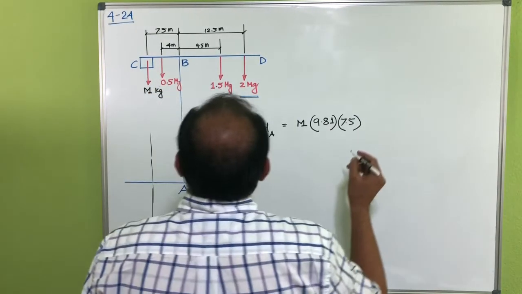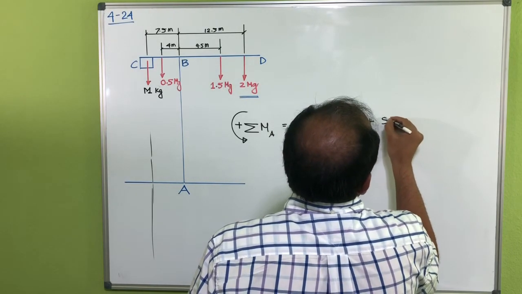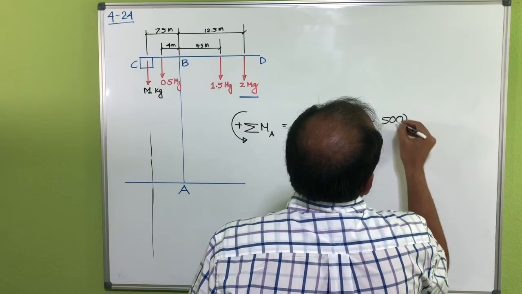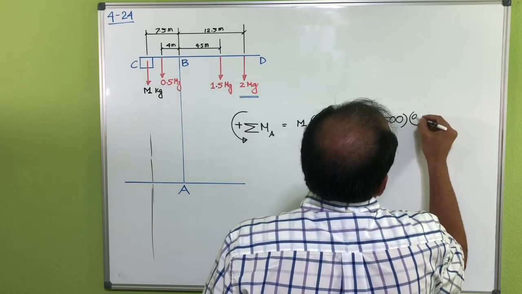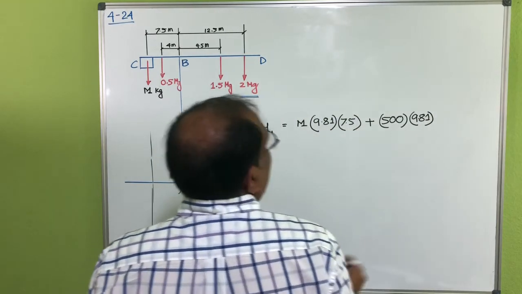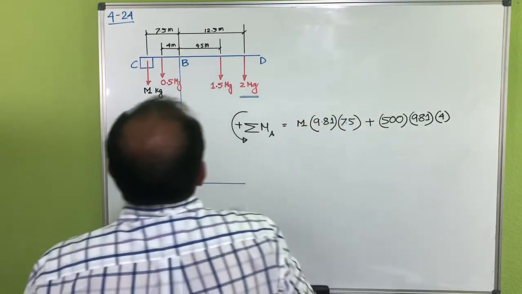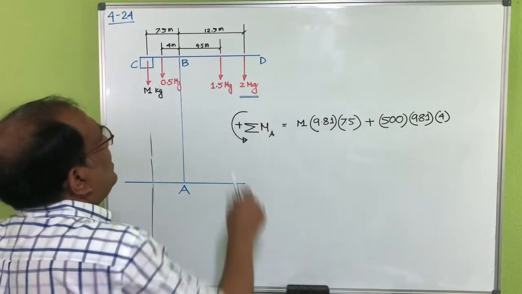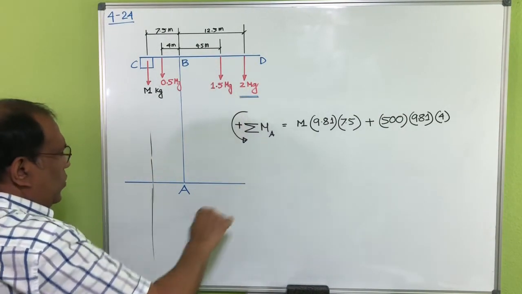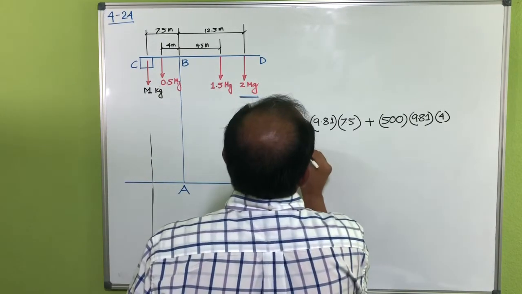Then this one is 500 kg into 9.81, and then the distance is 4. Now you can see on the other side, this one and this one are trying to rotate clockwise, so both of them would be negative.